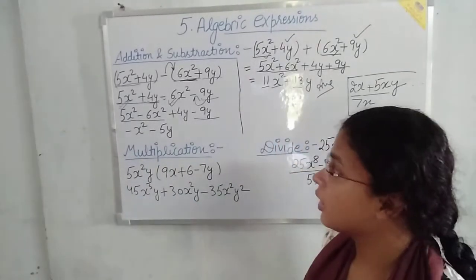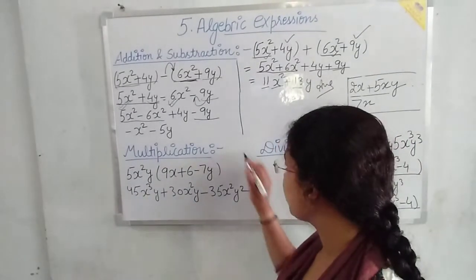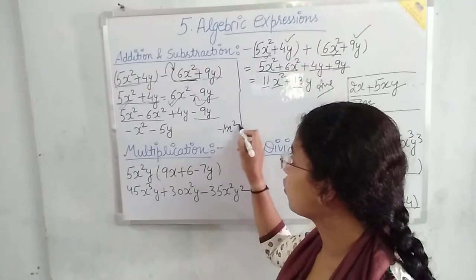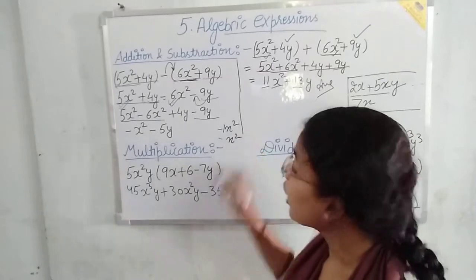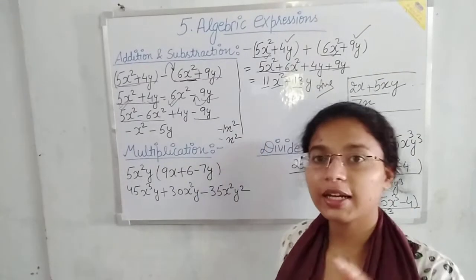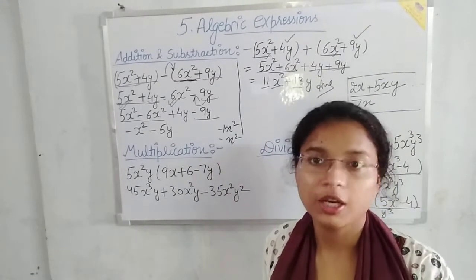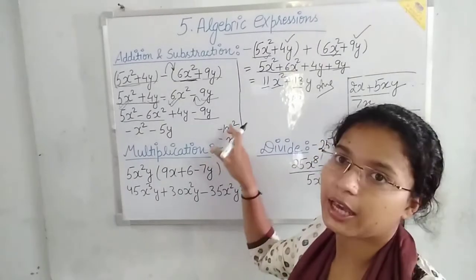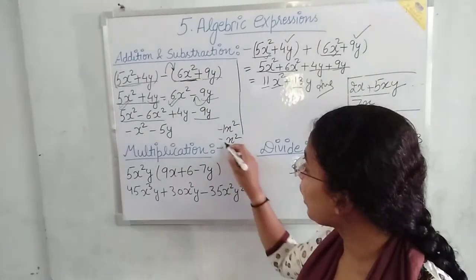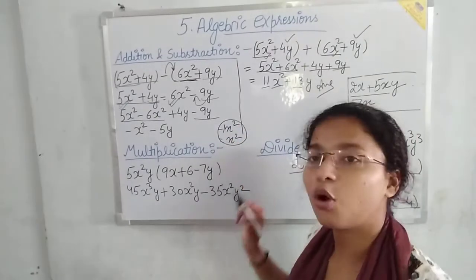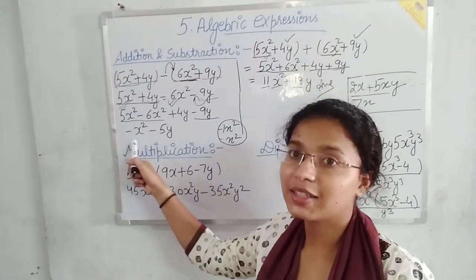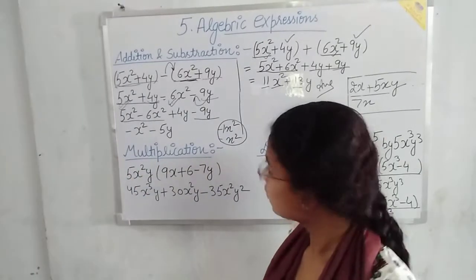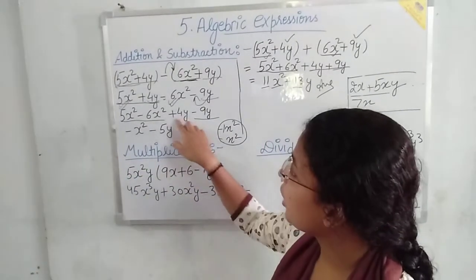In the algebraic expression, no need to write minus 1x square. If you write minus x square, it is obvious that its coefficient is 1. So minus x square.